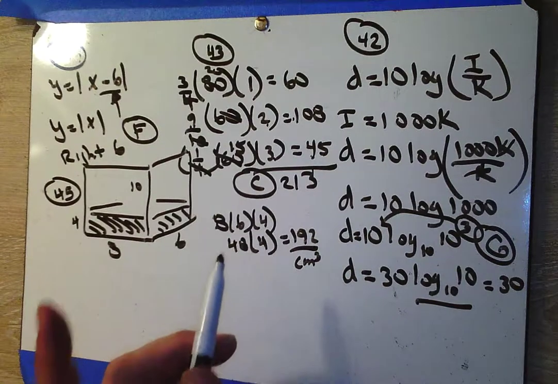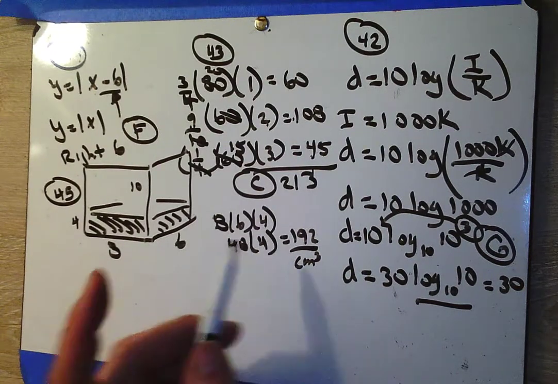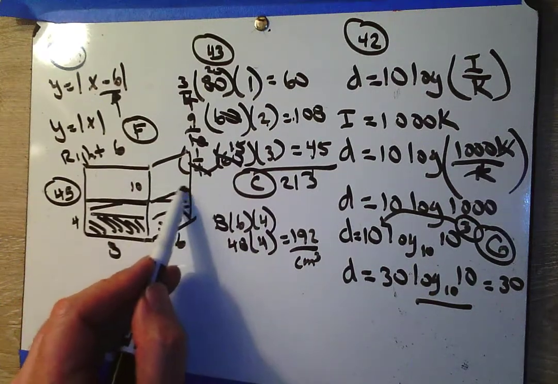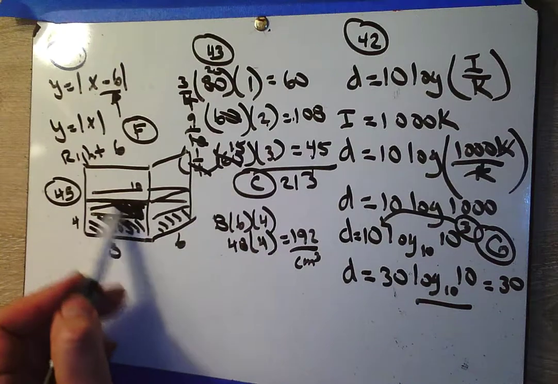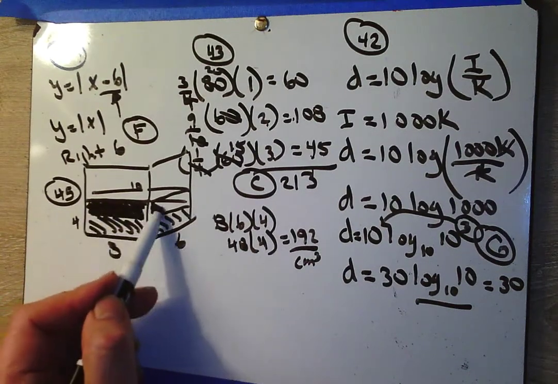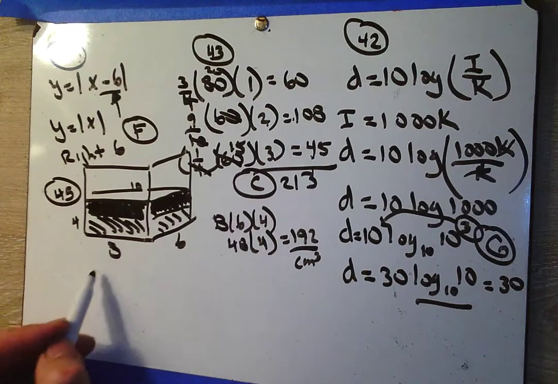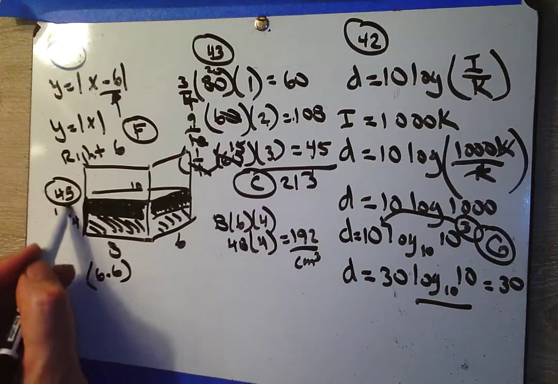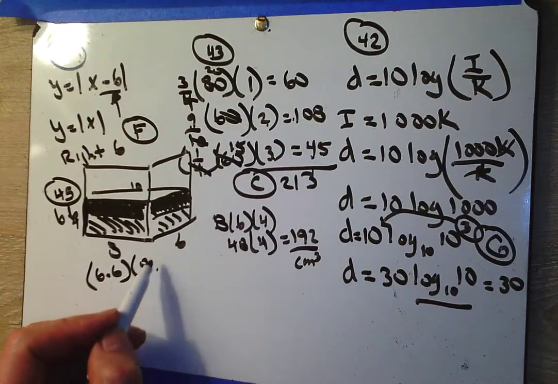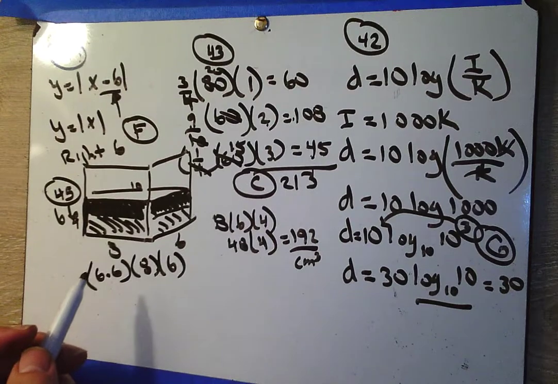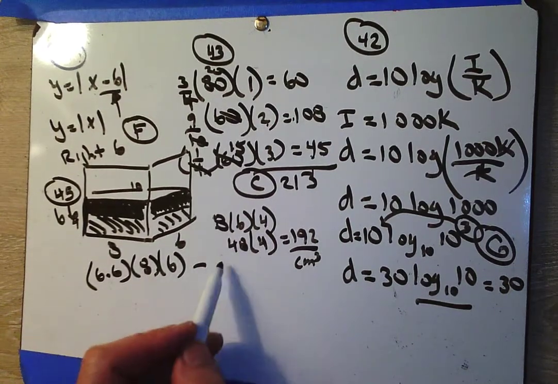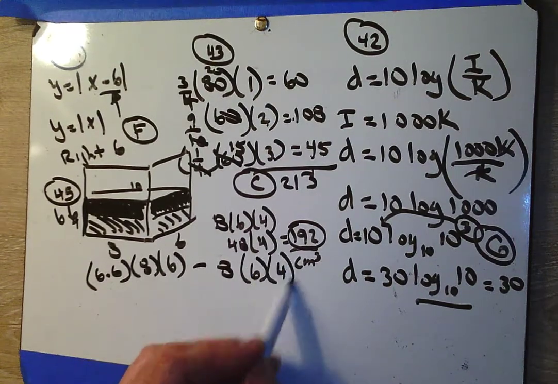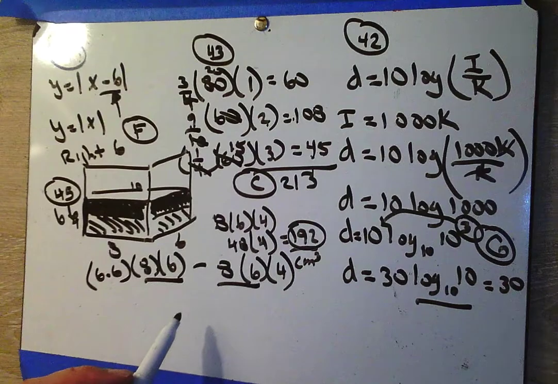Then we take this toy soldier, and now when we push it in the water raises to a height of 6.6. So this is now 6.6 times 8 times 6. Well, I thought about doing this problem this way rather than computing the 192 because I was too lazy to pick up the calculator, and I noticed that they both had a 48 in them.